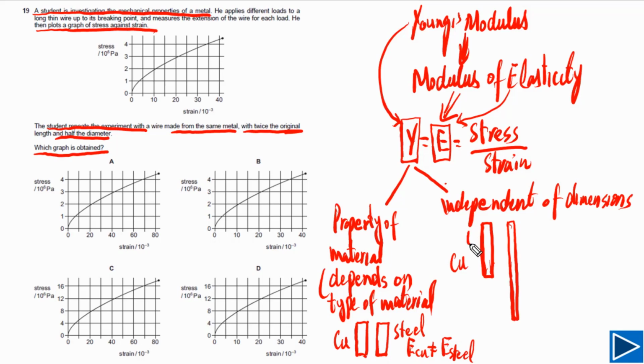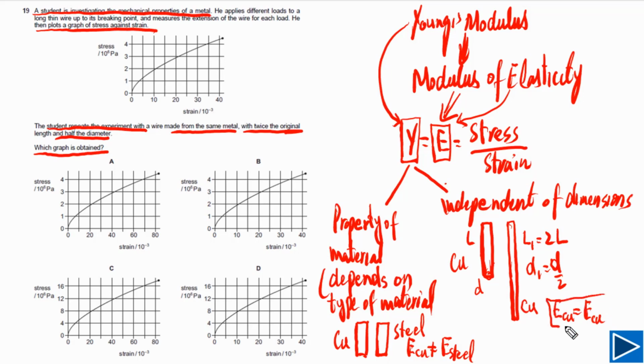But for the first wire the length is L and for the second wire L1, let's say, is equal to 2 times L, and the diameter of the first wire is D and the diameter of the second wire is D by 2. Now these two wires are made of the same material. Even though their dimensions are different, Young's modulus for these two wires is the same because they are made of the same material.